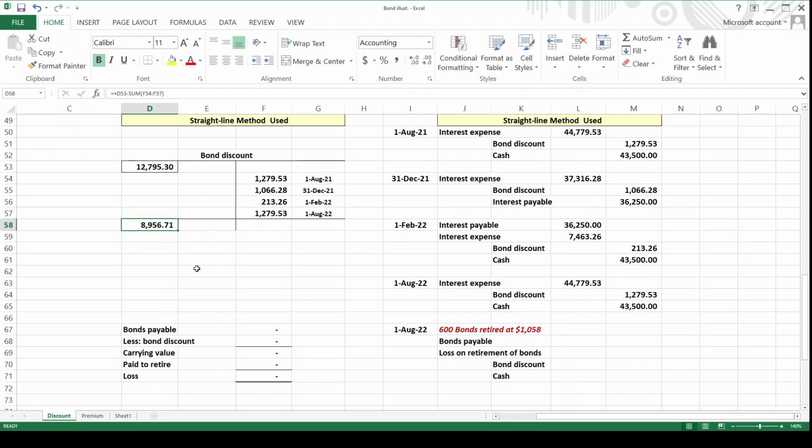Okay. So 1.5 years have gone by. So that would be what? 3 out of 10 payments have been made. So if we're using the straight line method, we can check this number here.